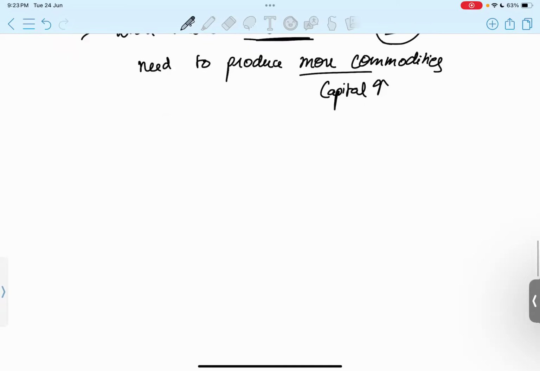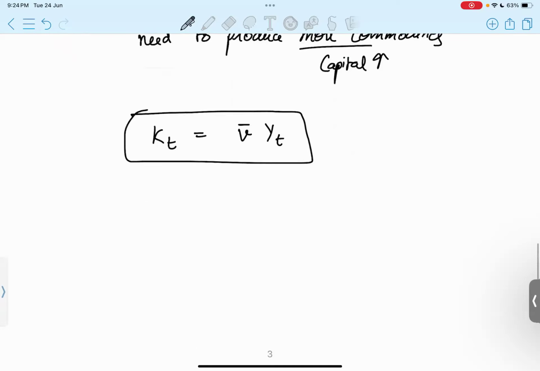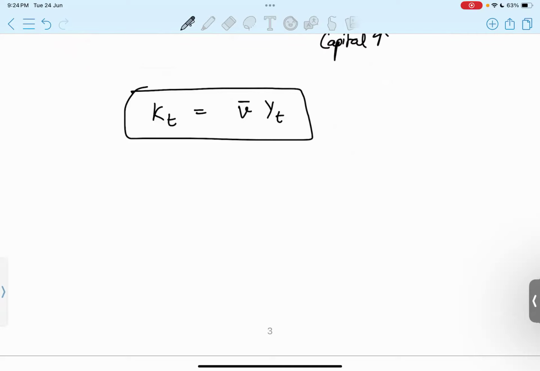So in algebraic form, we can write K_t is the amount of capital which was required to produce Y_t amount of output, given we have this capital-output ratio which is represented by small v. So this is the equation for this. You can say the changes which are happening in the output are made possible by the capital stock.